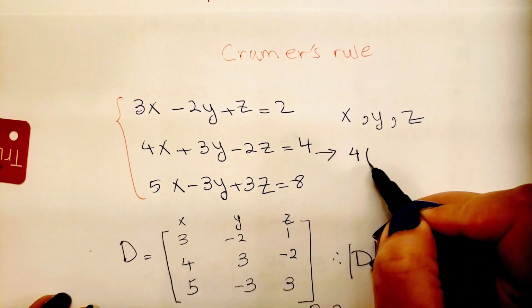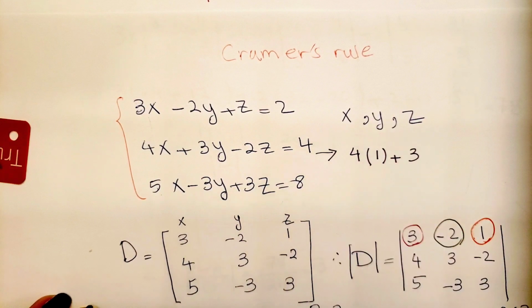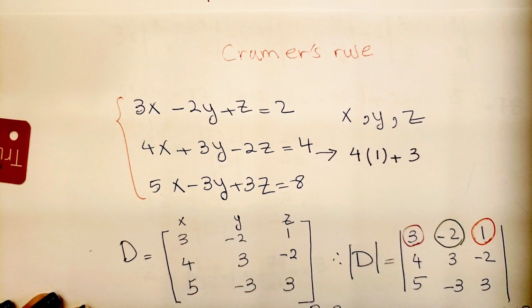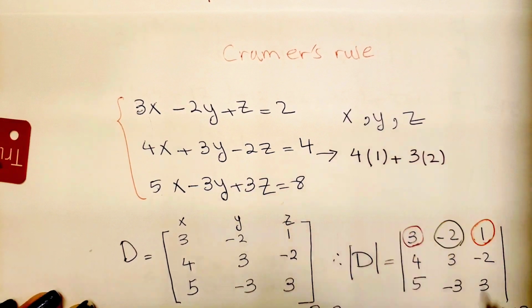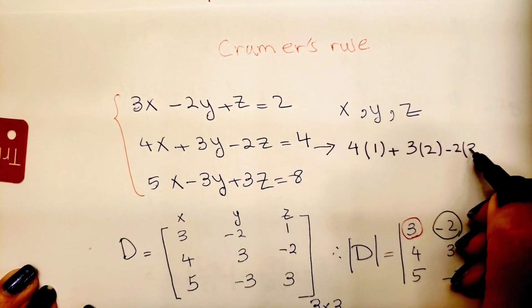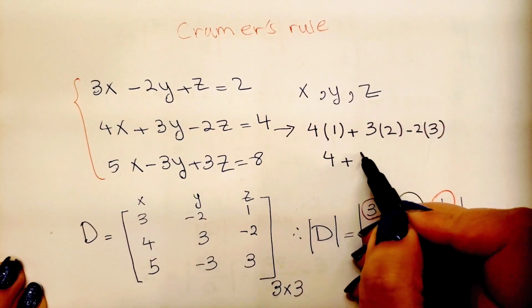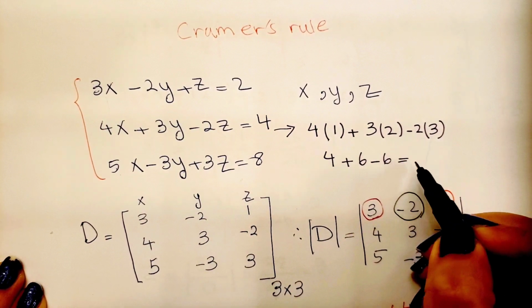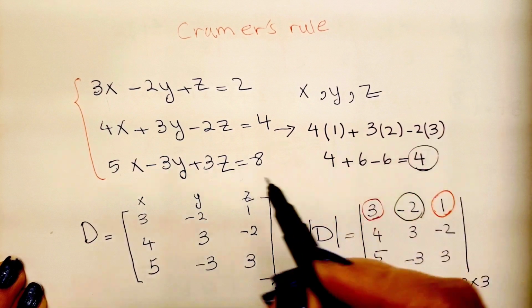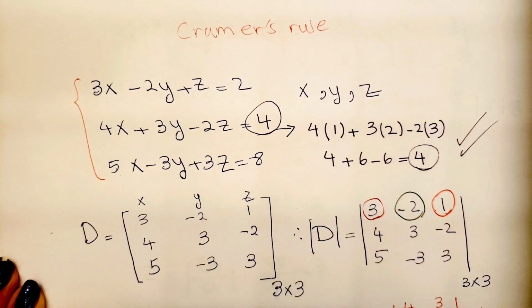So 4 times the x, 1, plus 3 times the value of y, which was actually, I think it was 2. Okay, yes, the value was 2, and then the z was 3. Okay, so it's 4 plus 6 minus 6, so the answer would be 4. 4 is perfect, equal to 4. So that means my answers are correct.